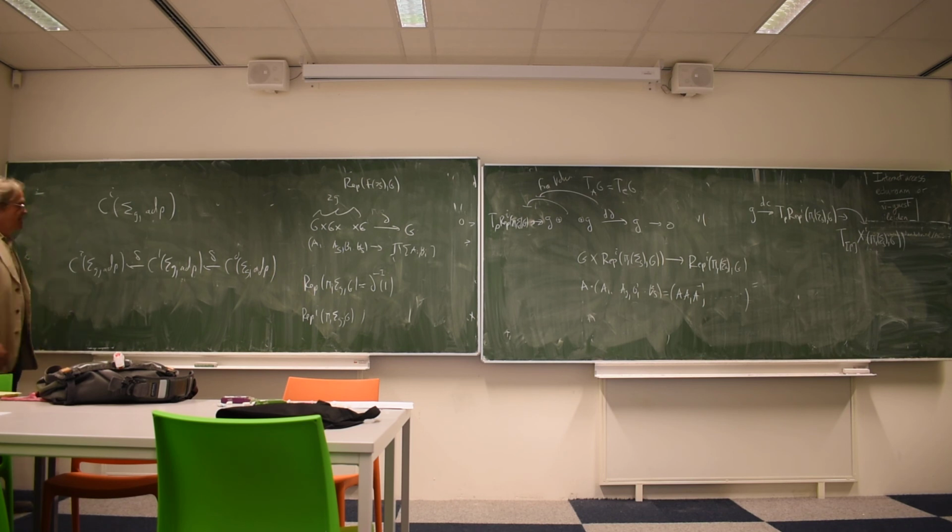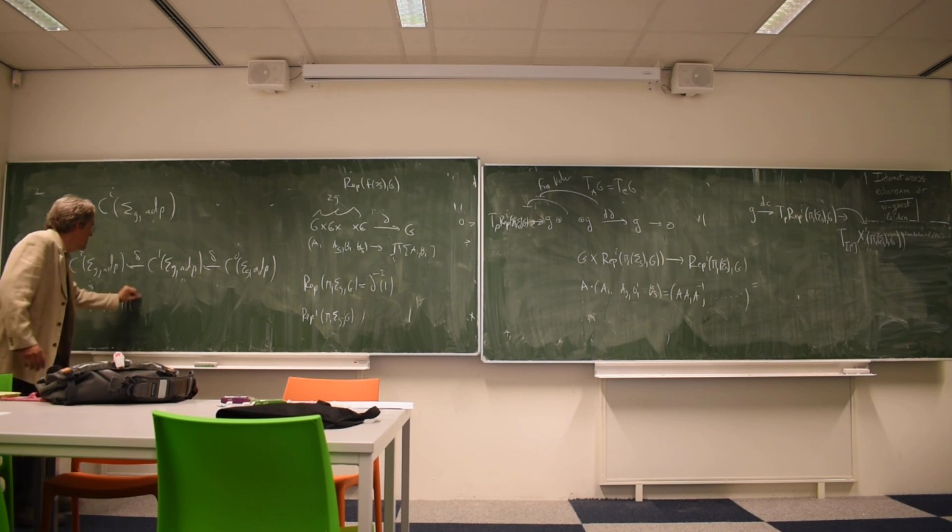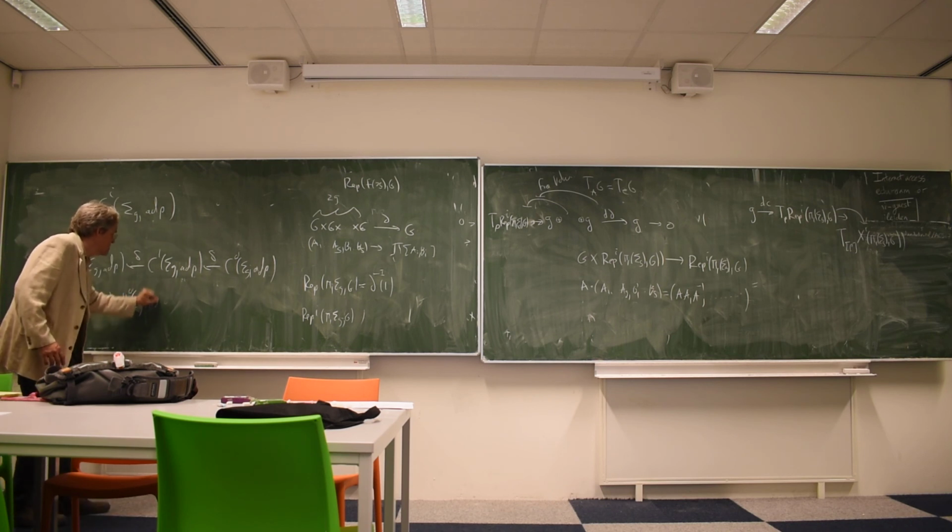Now it turns out that we're in an irreducible representation, so H2 of sigma G with coefficients in add of rho, and H0 of sigma G with coefficients in add of rho are both 0.